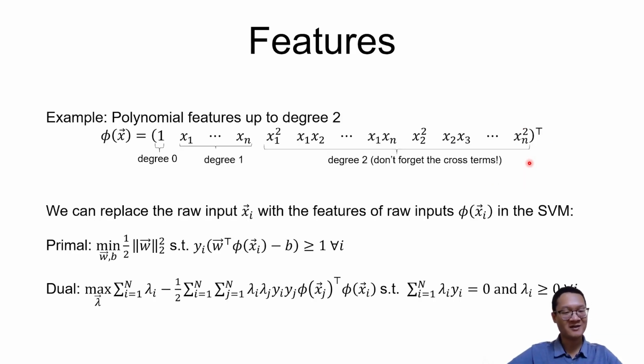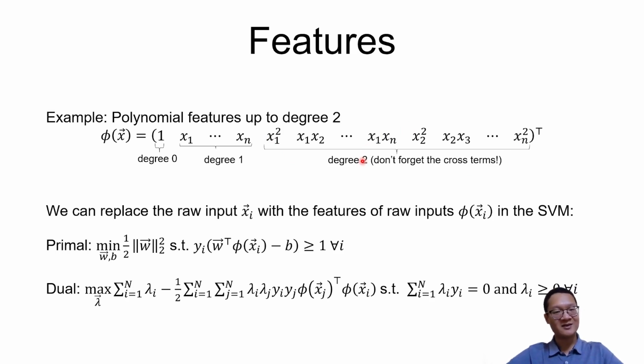Just to recap a little bit, some example features are the polynomial feature up to degree 2. We have looked at this before. For this particular feature, we have the degree 0 term, which is 1, the degree 1 term, which is all the components of the vector x, and then all the degree 2 terms, including the cross terms.